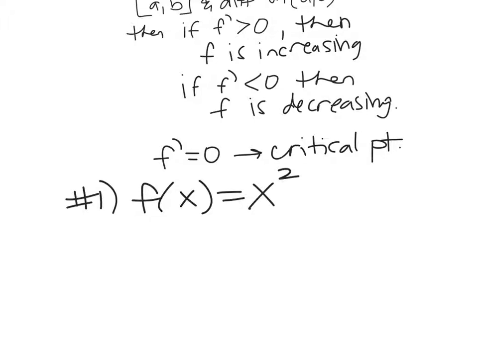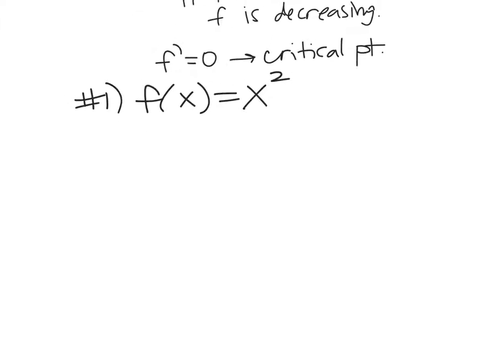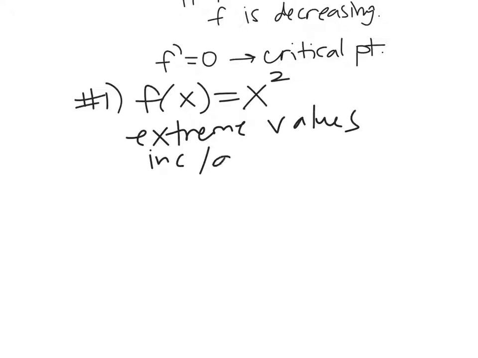Now, I take your calculator away. You're like, fine, I'll just graph that in my head, which you can, I hope, by now. It's just a basic parabola. But it's going to ask you where are any extreme values, and where is this graph increasing or decreasing. Okay?